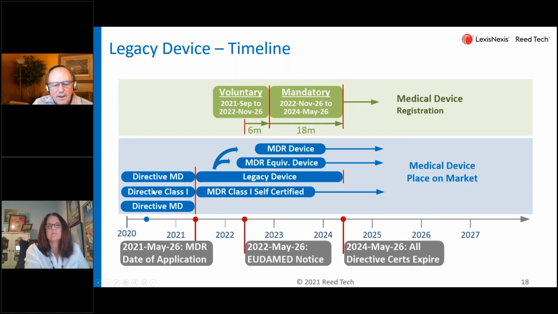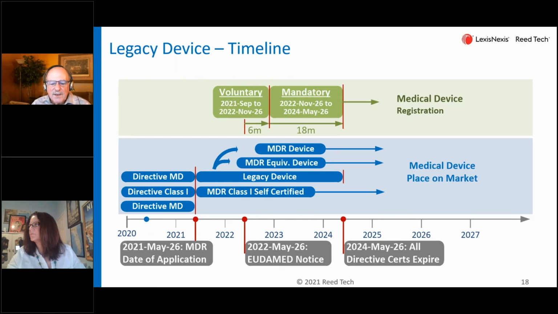We have these class 1 devices, by the way, that were under a directive, and these are the self-certified products. So they should have already been self-certified going forward. That was a couple months ago, back in May. And now the legacy devices, which is the topic of the day here, we have those being placed on the market under directive. Now they're placed in this legacy transition period. They meet all the qualifications.